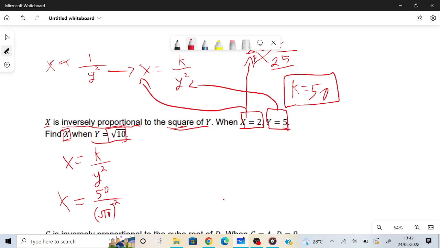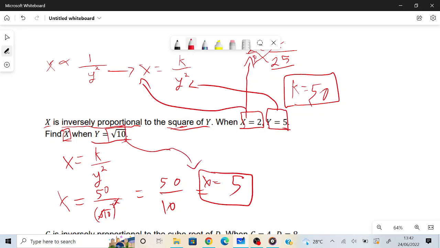You know that the root and the square power cancel out, so now you just have 50 all over 10, and 50 divided by 10 is nothing but 5. So your x is 5 when your y is root 10.